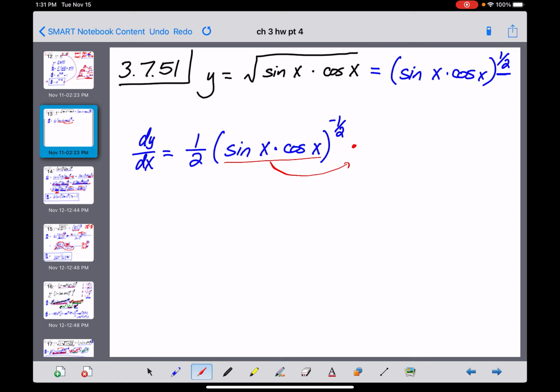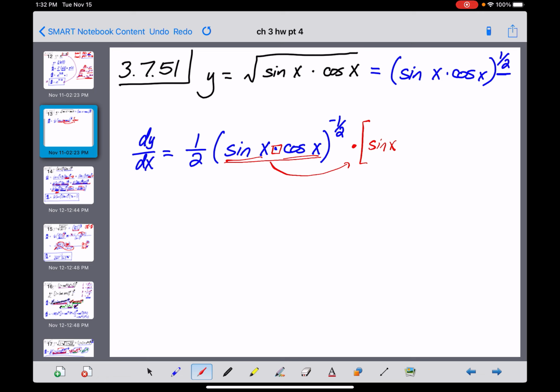And to take the derivative of sine of x times cosine of x, we are going to need the product rule. So here we go. First factor is going to be the sine of x. Oh, and by the way, since the product rule always gives me a binomial, I think a bracket would be a good idea here. First factor was sine of x times the derivative of the second.